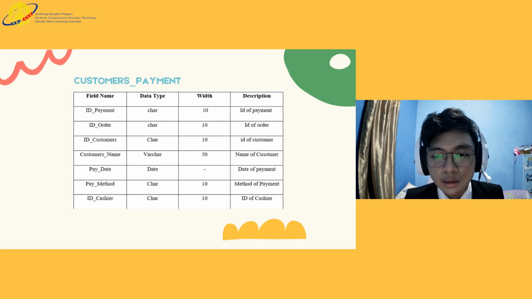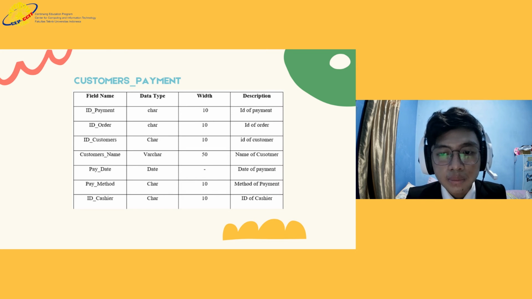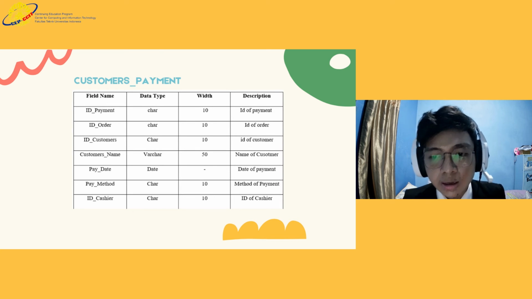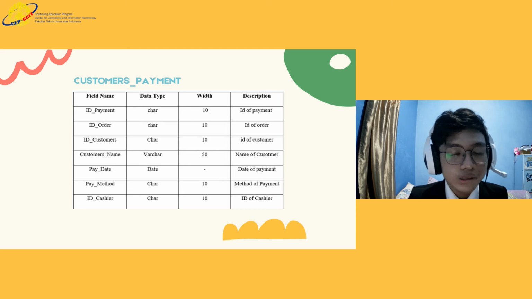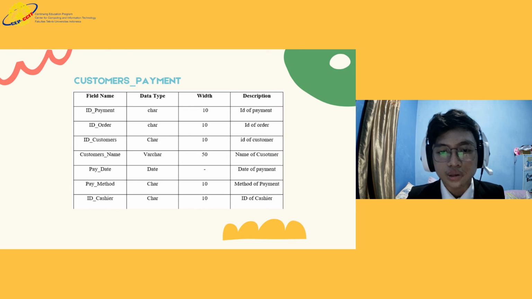And after that, we have pay method, and we use data type char, and width is 10, and the description is method of payment. And the last in this table is ID cashier, and we use data type char, and width is 10, and the description is ID of cashier.